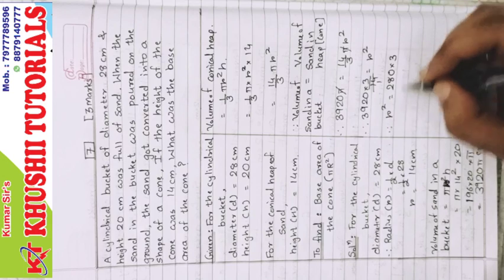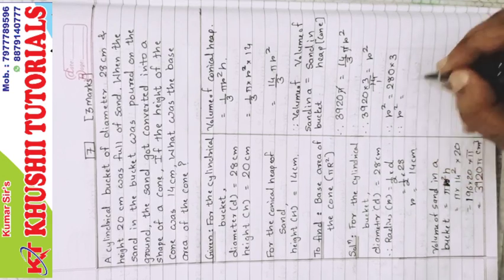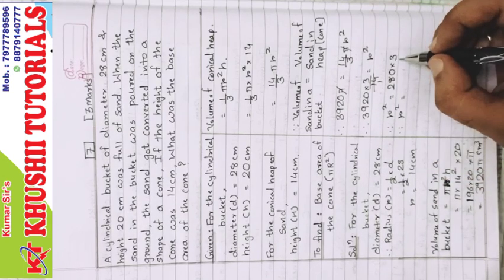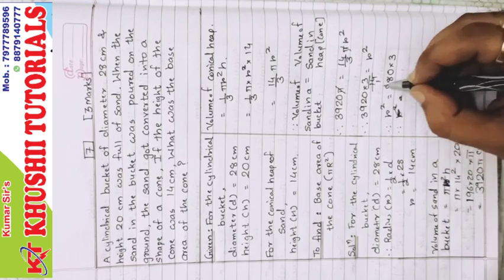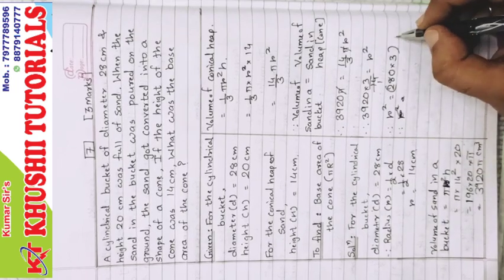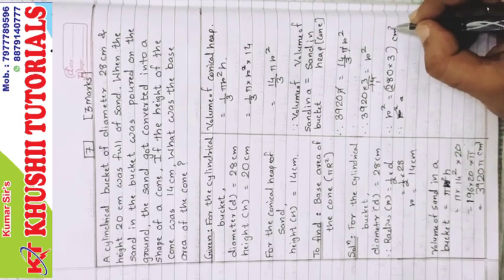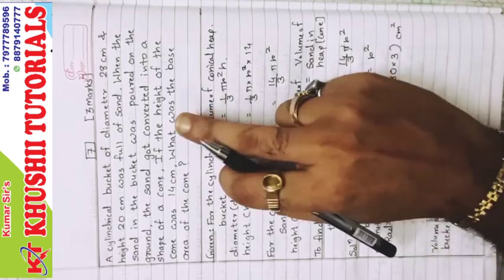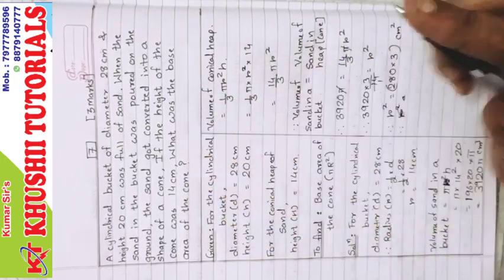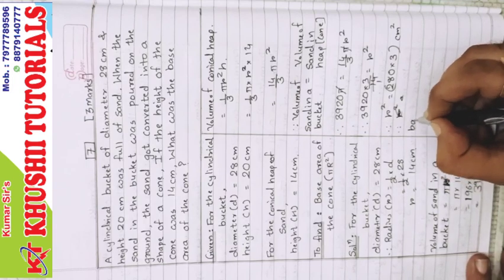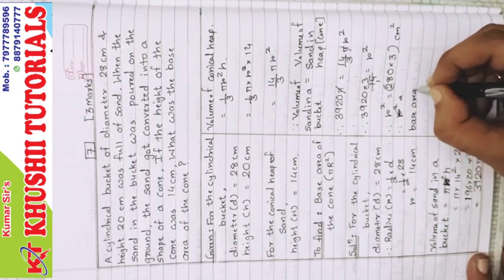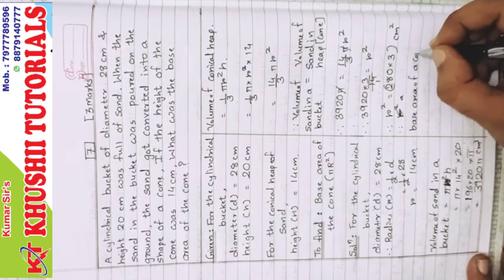Therefore r square equal to 280 into 3 centimeter square. Now we need to find base area of a cone.